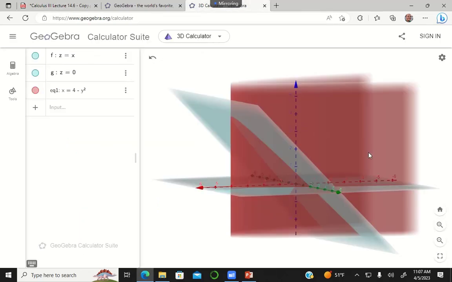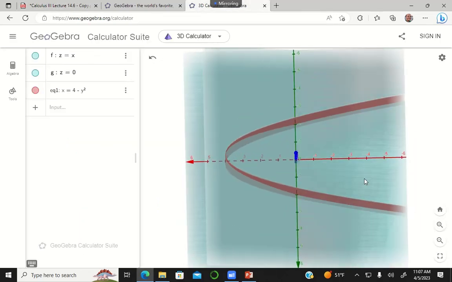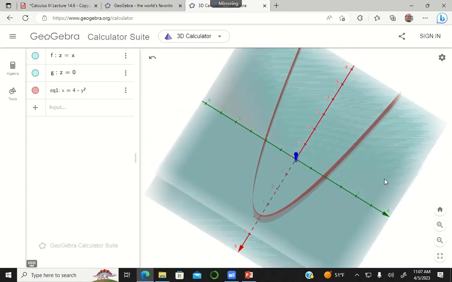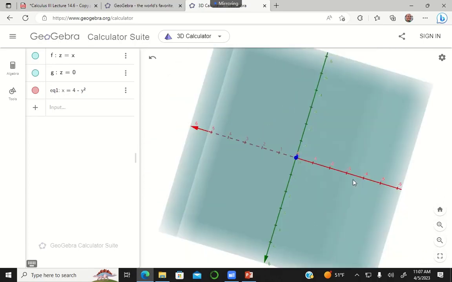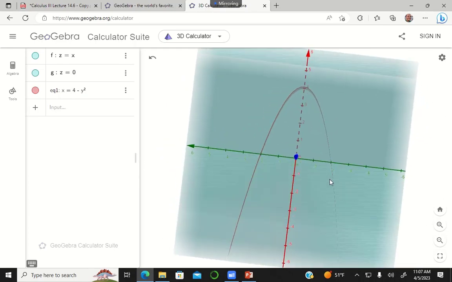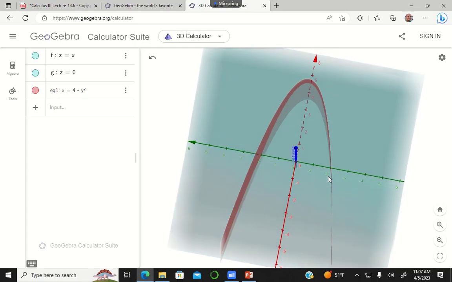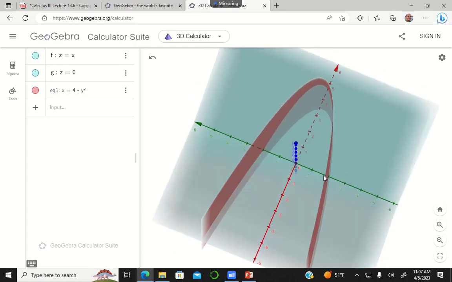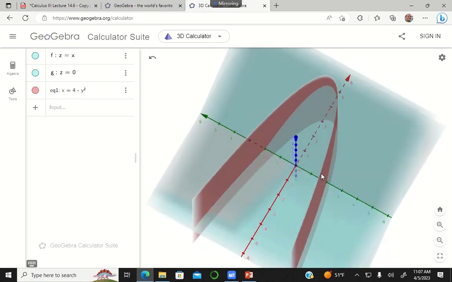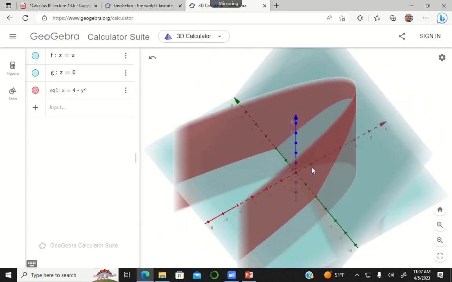I could look at my graph and ask, which one is the x and which one's the y? So x is equal to 4. I think the red axis is my x-axis, and so that means the green axis is my y-axis. And that means that y could be anywhere from -2 to +2.